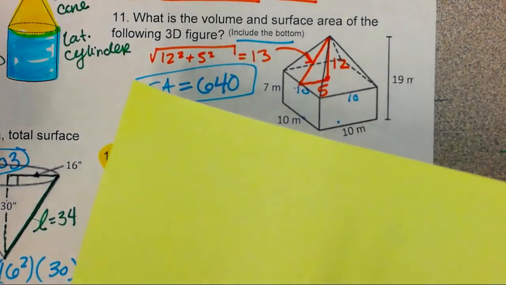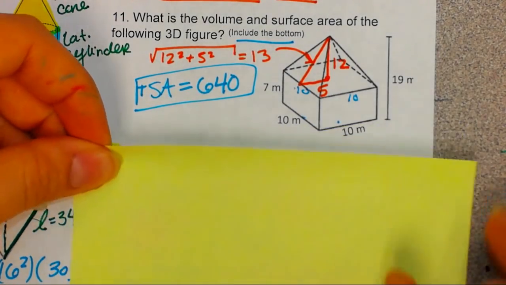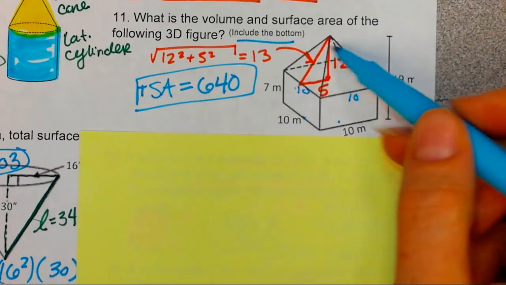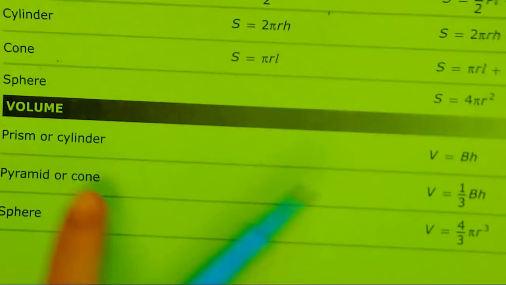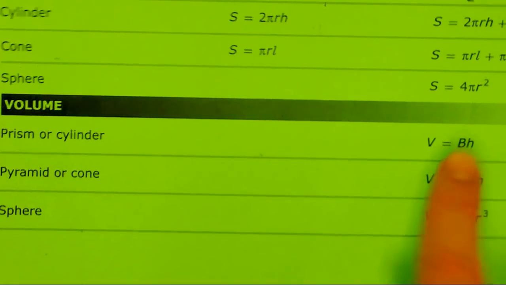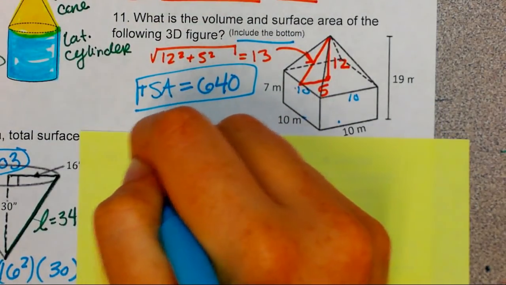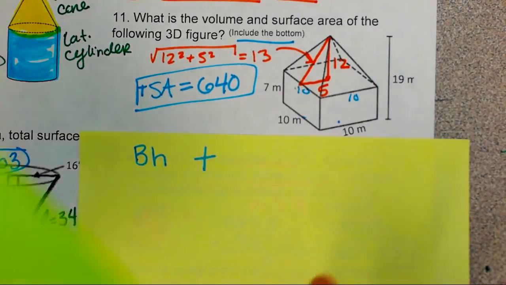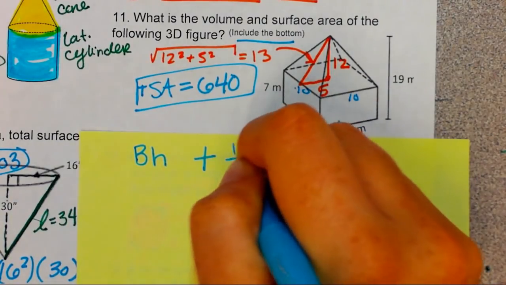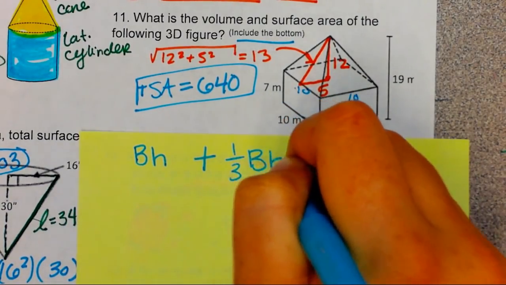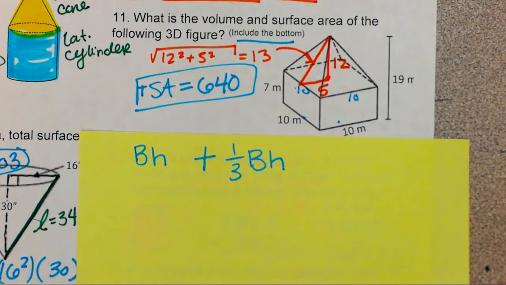It's literally just, you're going to take the volume of the prism and add it to the volume of the pyramid. So volume of a prism is written as area of the base times the height. And I'm going to add to that the volume for the pyramid, which is 1/3 area of the base times the height.